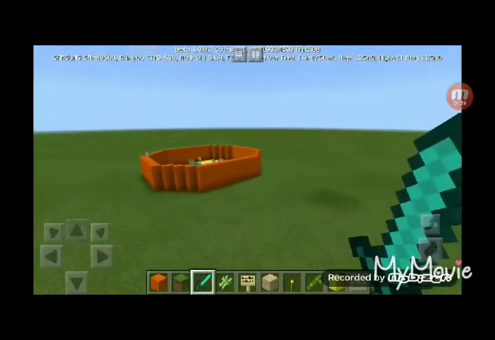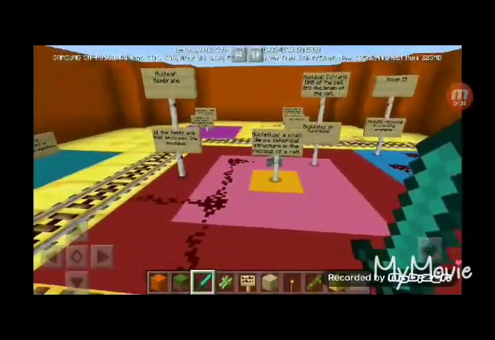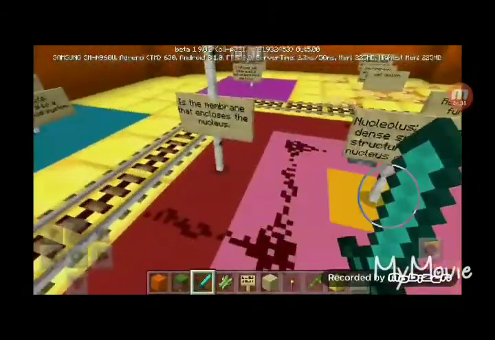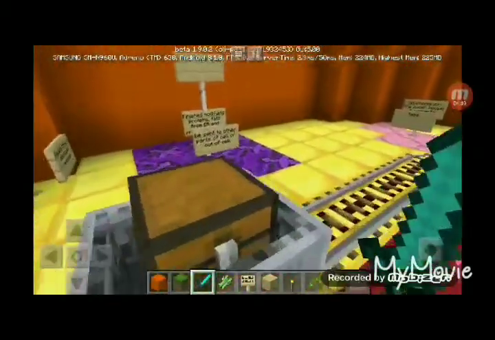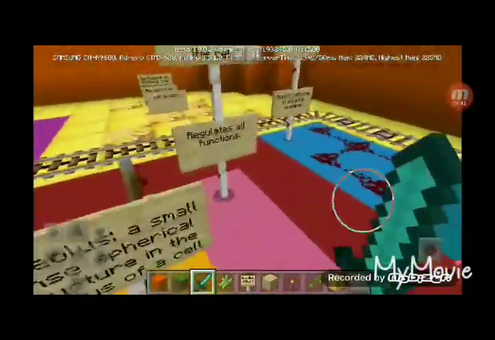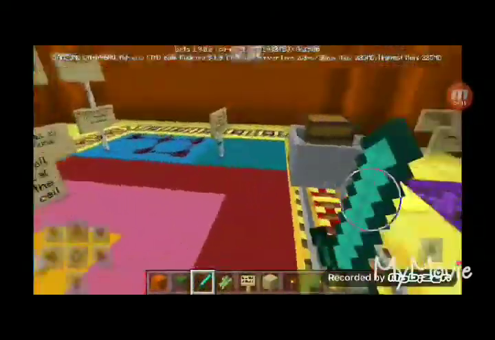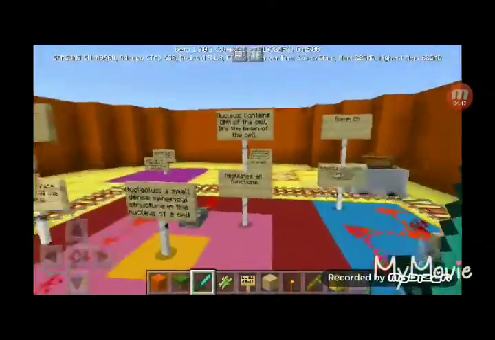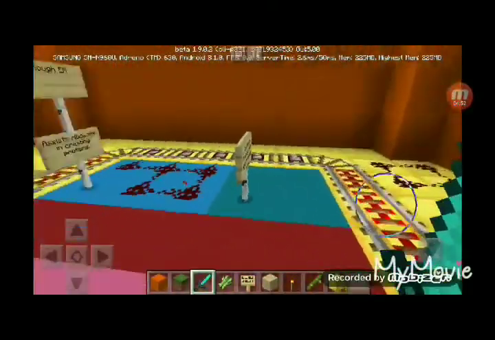And I got one more example to tell you guys. In here, let's say that this rail right here goes around the whole cell. The nucleus tells a thing what to do. It tells it where to go, and what to do, and when to go.